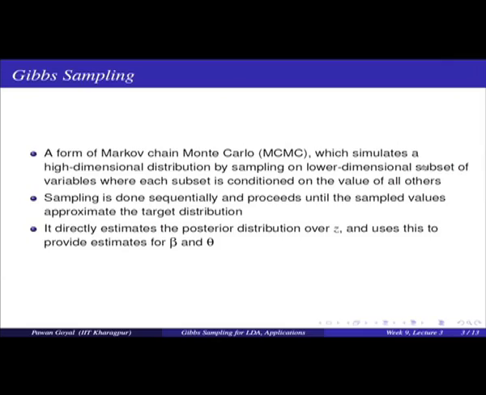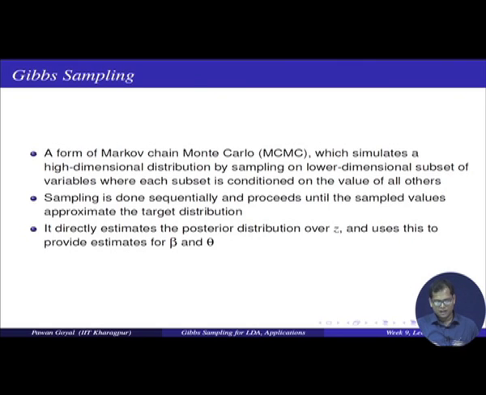Gibbs sampling is some sort of Markov chain Monte Carlo method. So what is the idea? You have a high dimensional distribution. Think about all the possible values that your parameters can take, all your betas, thetas and Z. They can take a huge number of values. So the idea here is you sample on a lower dimensional subset of variables, and each subset is conditioned on whatever else is known.